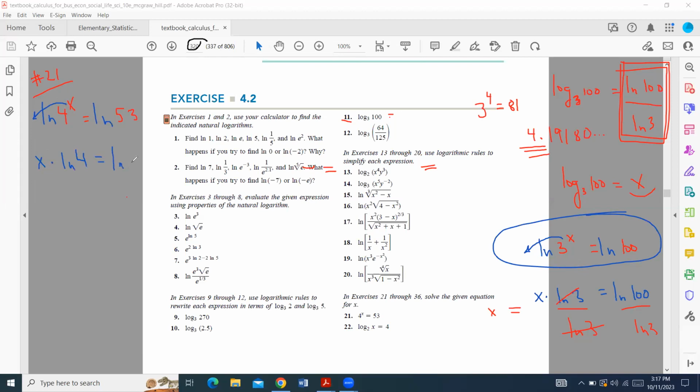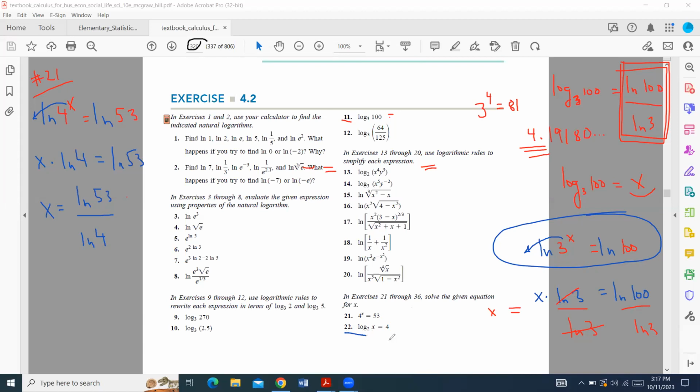I'm doing the exact same procedure that I just did in the previous example, and I get a quotient of ln of 53 over ln of 4. Again, I don't want to put this in a calculator. It'd be just my answer for x, and people leave it like that, and that's it. So we found x.